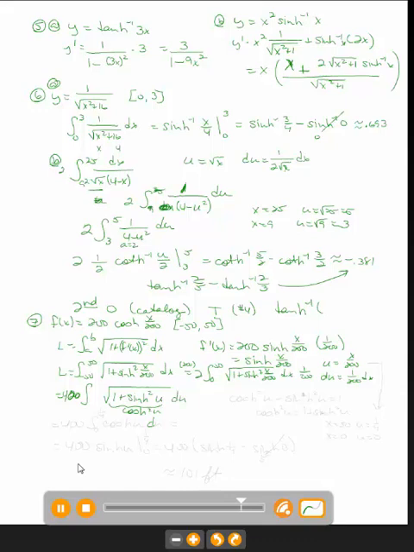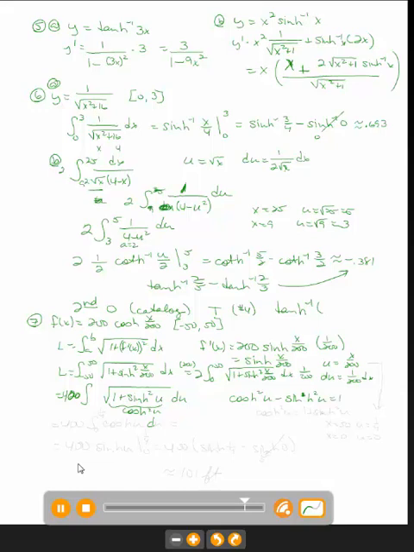And du. Now, the main identity for hyperbolic trig functions was hyperbolic cosine squared of u minus hyperbolic sine squared of u is equal to 1. I got the square in the wrong place.